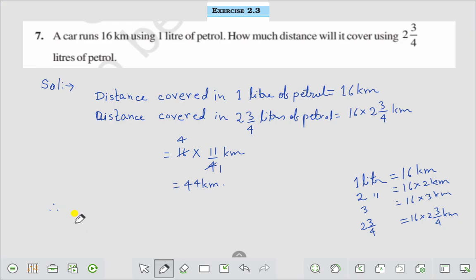Therefore, you can write, it will cover 44 kilometer using 2 whole 3 by 4 liters of petrol, and this is the answer.